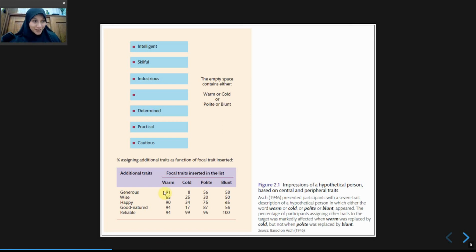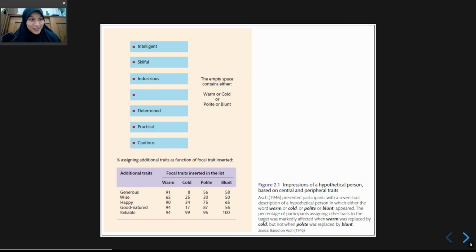The first group would be given warm to fill the blank box, the second group would be given cold, the third group was given polite, and the last group would be given blunt. So they assess the completely same set of traits, but the only difference was the one blank box where Asch put different adjectives.